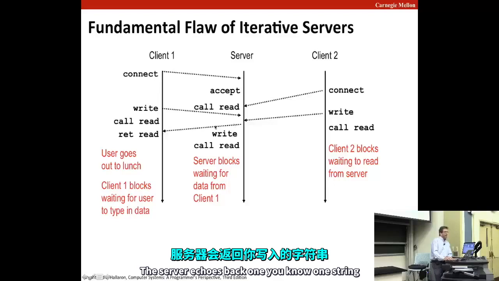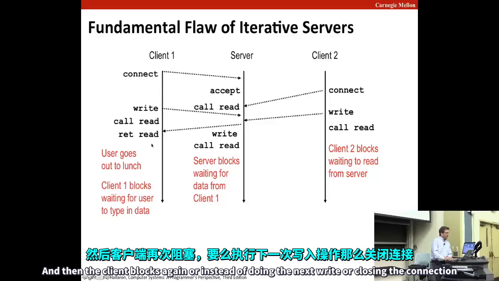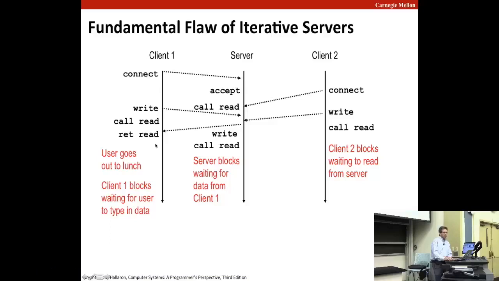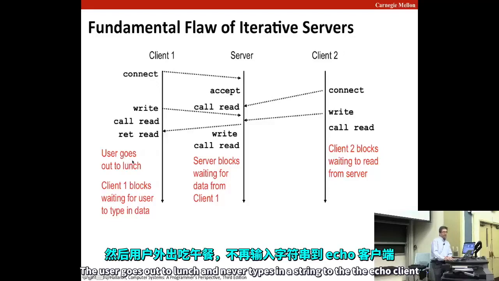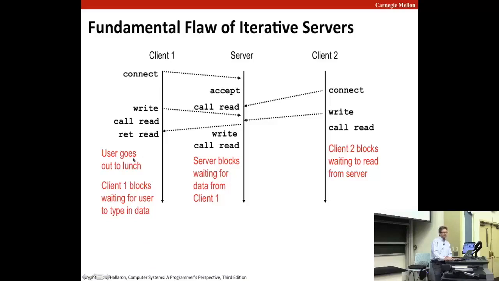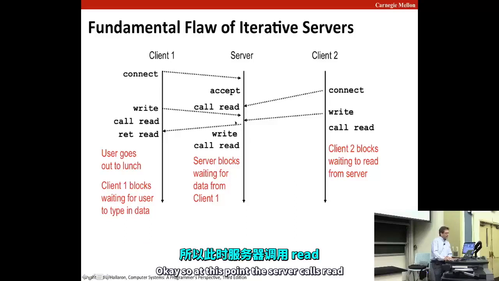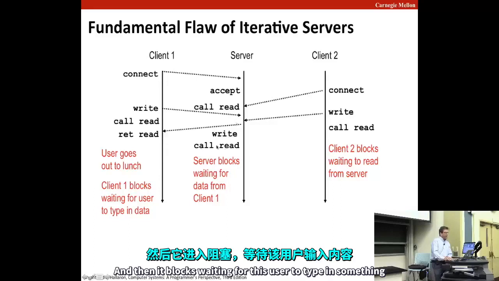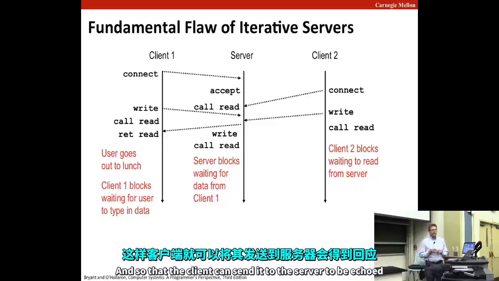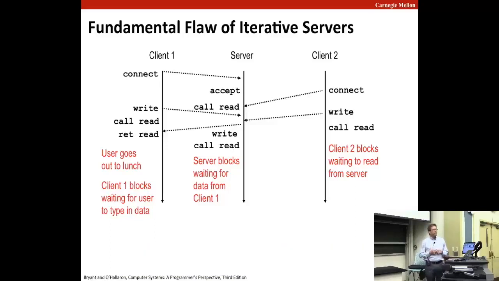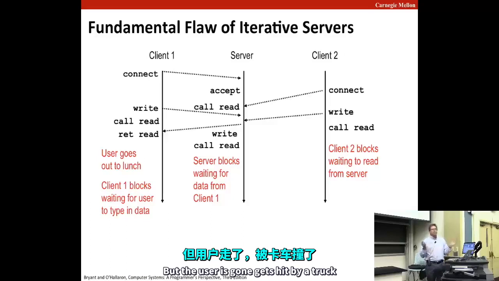The server echoes back one string, and then the client blocks again, instead of doing the next write or closing the connection, the user goes out to lunch and never types in a string to the echo client. So at this point, the server calls read, and then it blocks, waiting for this user to type in something, so that the client can send it to the server to be echoed. But the user's gone, gets hit by a truck, who knows.